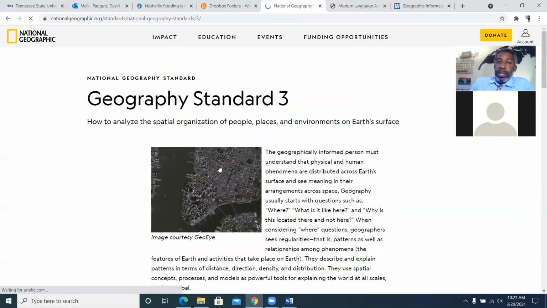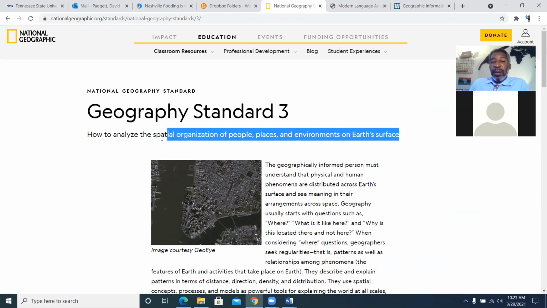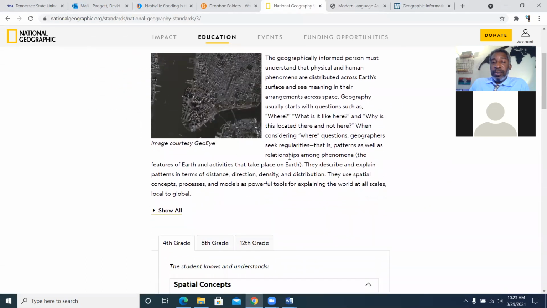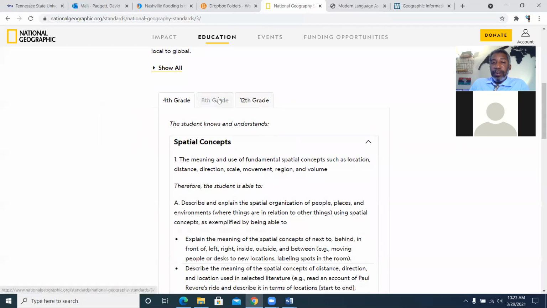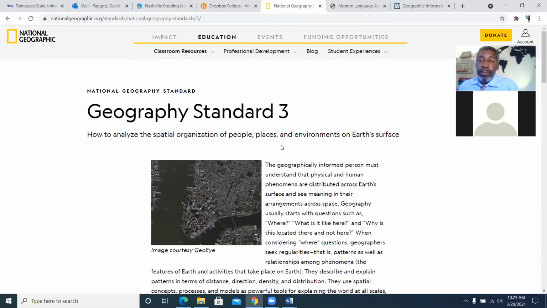You can click on the standard, and it's how to analyze the spatial organization of people, places, and environments on the Earth's surface. And then there's an explanation of what that all means and the different grade levels and so on and so forth. So if you're planning on being a teacher, get used to understanding teaching standards. And I think I've already explained what those are.